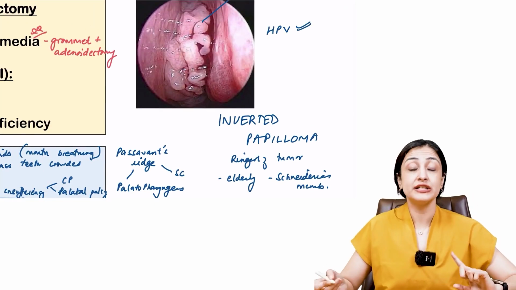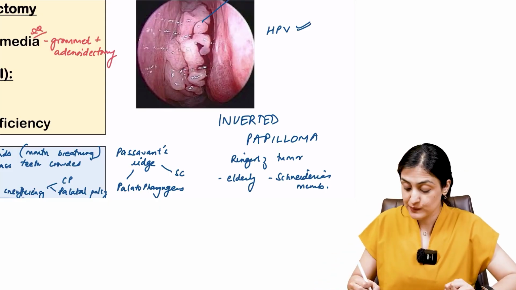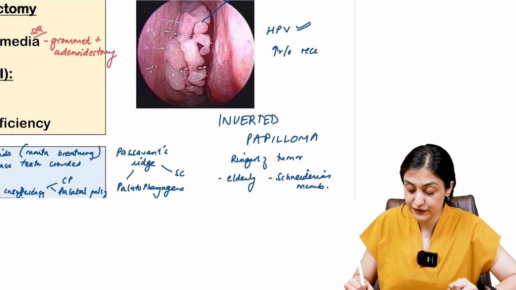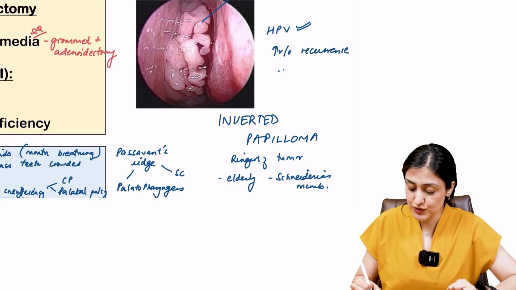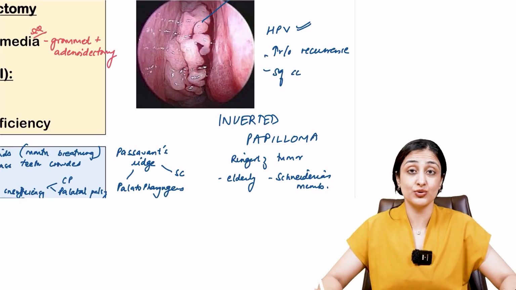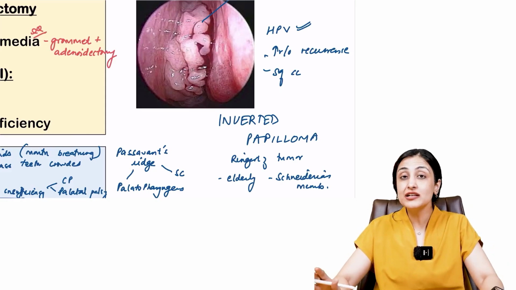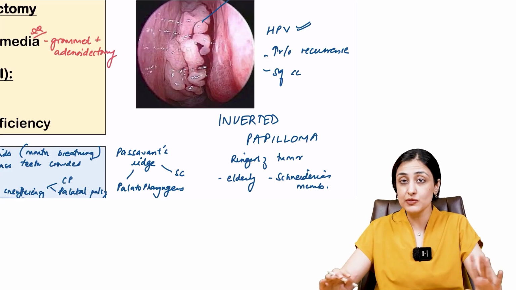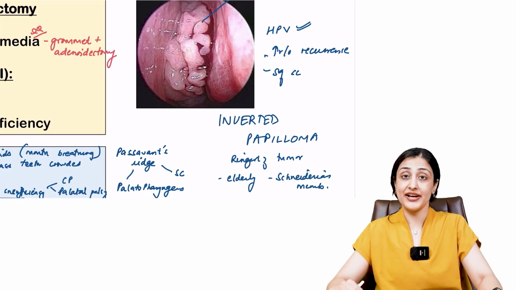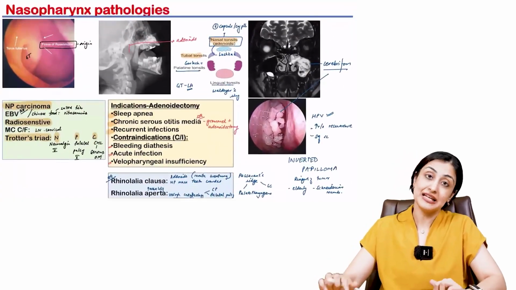So NPC was linked with EBV, this is linked with HPV. It has a higher chance of recurrence when removed and can also turn into squamous cell carcinoma. So it's a bad lesion to have. It looks like the brain, Schneiderian membrane, Ringer's tumor, HPV become the most important part here, and high chance of recurrence, so it needs to be removed.